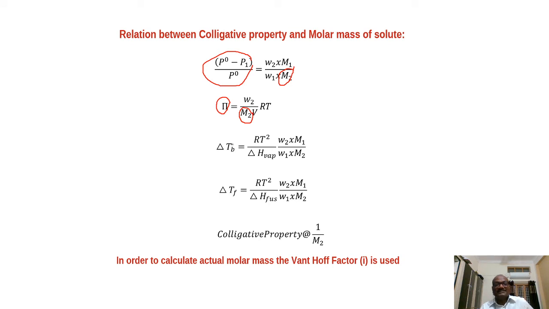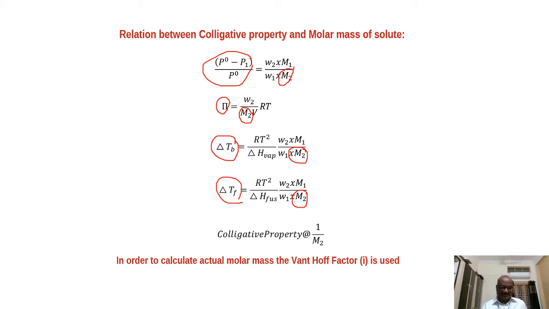Next, elevation of boiling point: delta Tb is equal to RT square by delta H vaporization into W2 M1 divided by W1 M2. Here also you can see delta Tb is inversely proportional to M2, the molecular mass of the solute. Similarly, delta Tf, the depression in freezing point, is inversely proportional to M2, again the molecular mass of the solute.